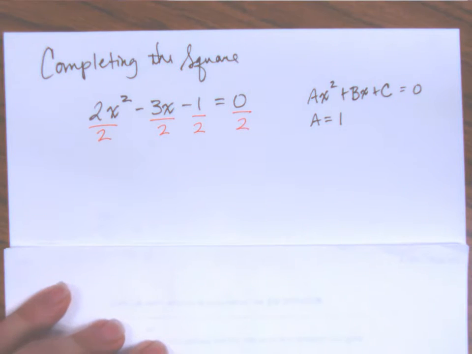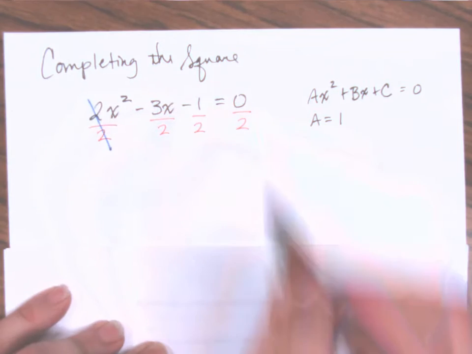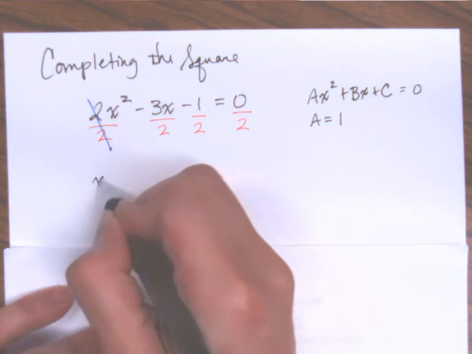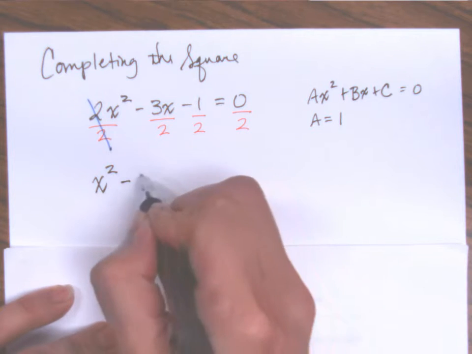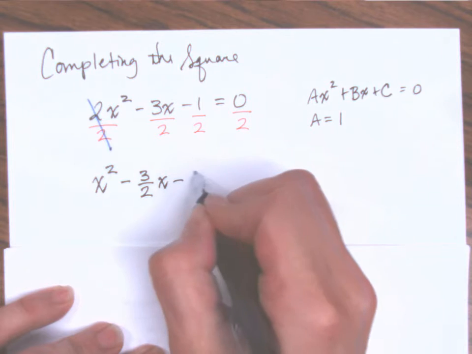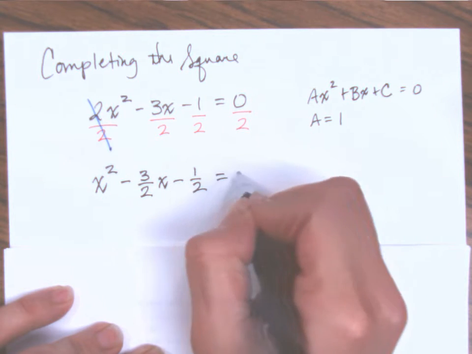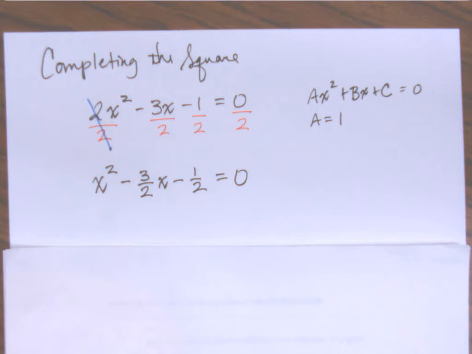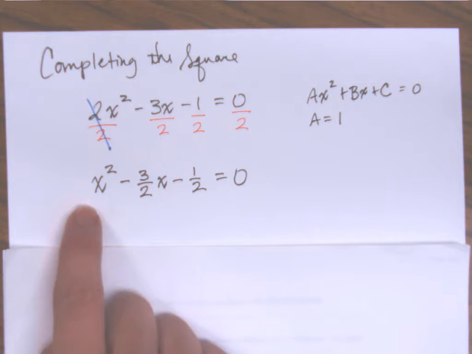Okay, so 2 divided by 2 reduces out. Now I've got x squared minus 3 halves x minus 1 half equals 0. Now my coefficient is 1 in front of x squared.